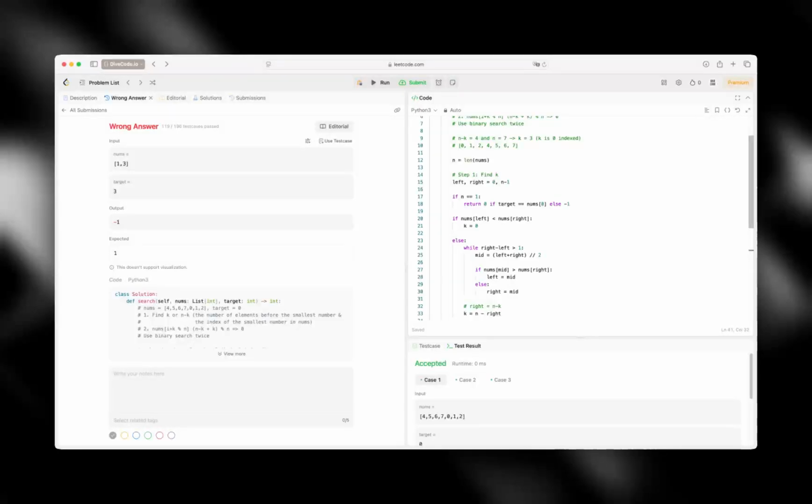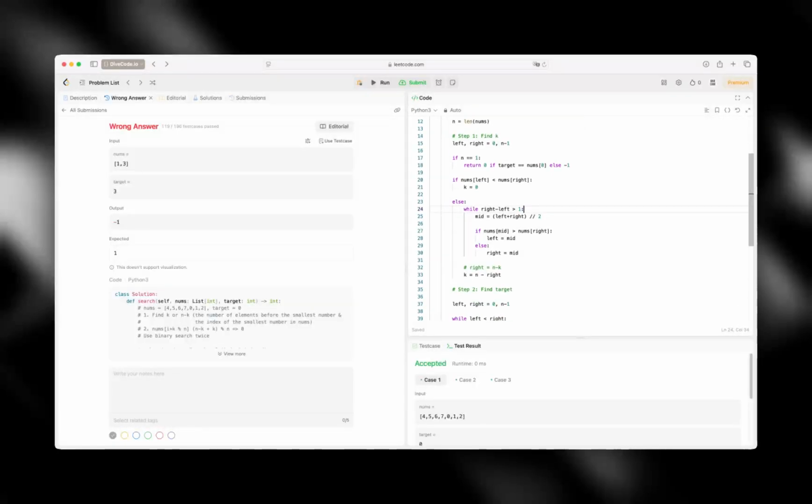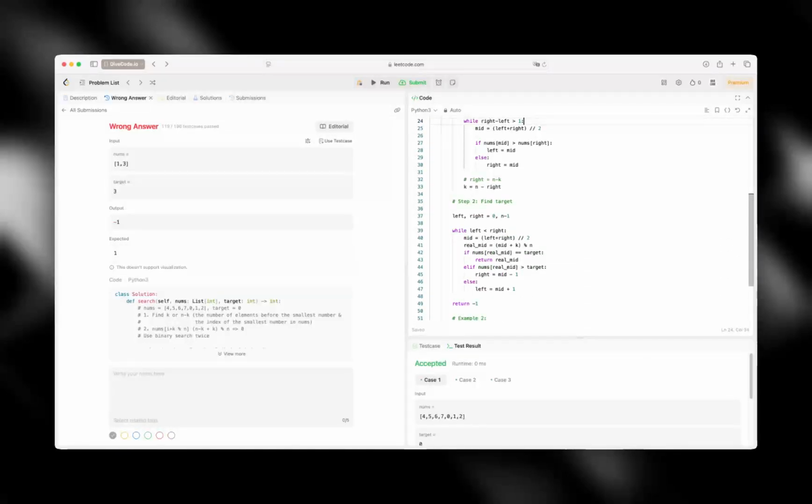I just want to check if right is n minus 1. So 2 divided by 2 is 1. So 0, 1, this is the mid, which is equal to real mid, which should be just 1.